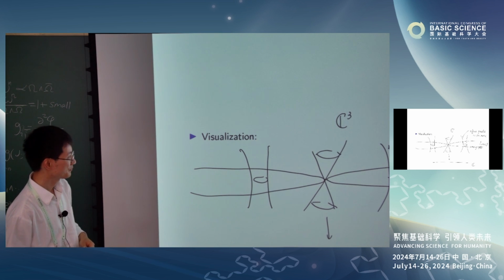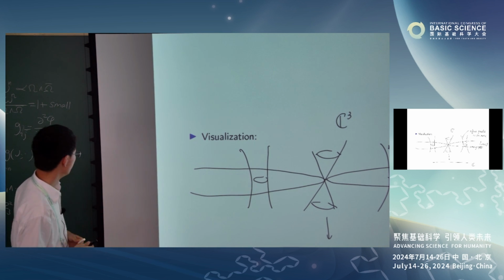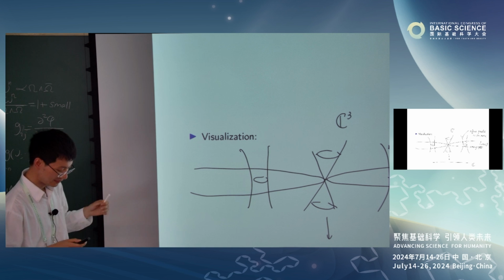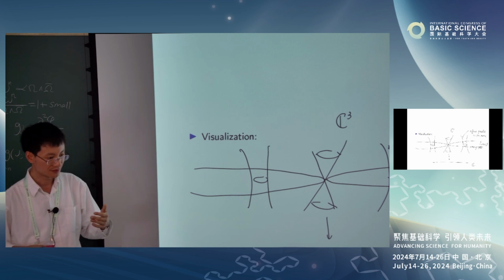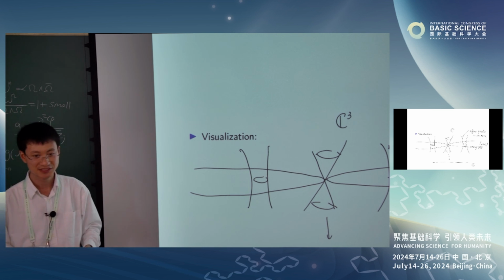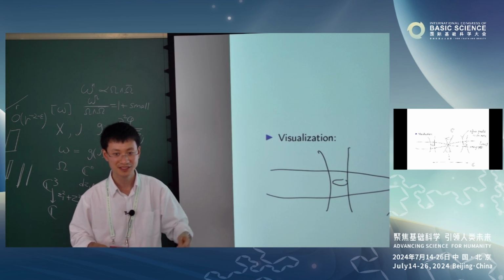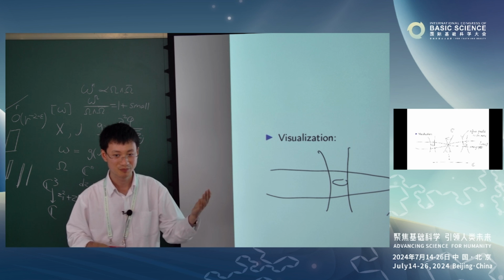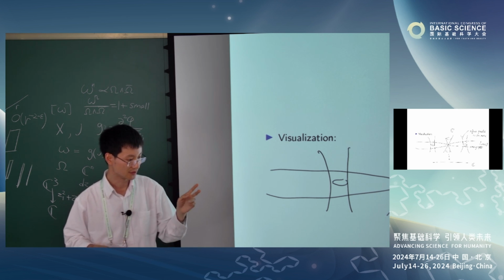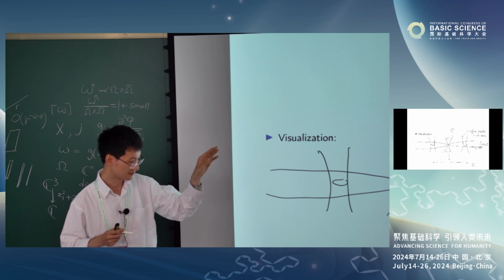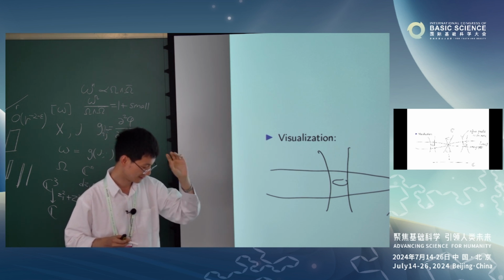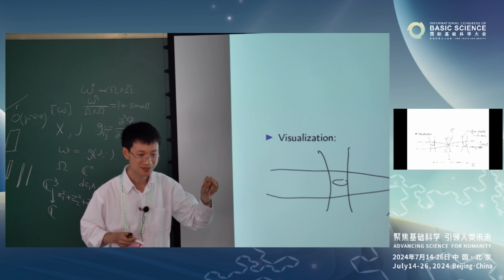So what does this mean? Let me give an analogy. We observe the starry sky and we see the stars are very, very small, right? But in fact, those stars are huge. The reason you perceive them as small is because the angular length you see is very, very small.